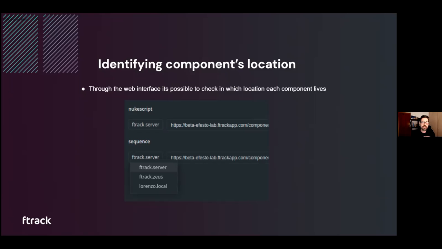But once you start having more locations where the component is published, you will be able to select which one to represent. Bear in mind, the Ftrack server will represent first the location that is closest, or which has higher priority for you. So in case you are, for example, in a user location, your local file path will come up. If you are at the studio, the central location will show up.